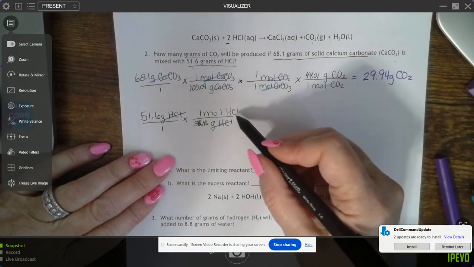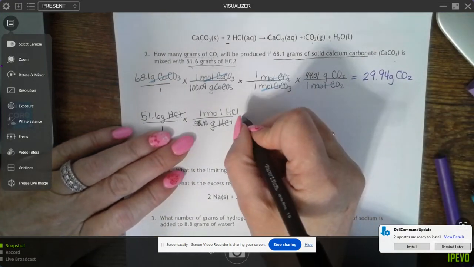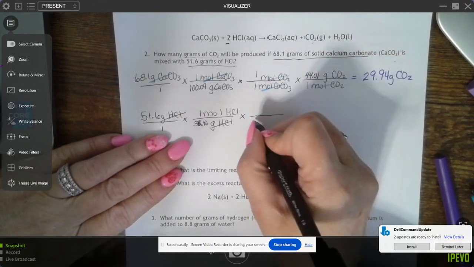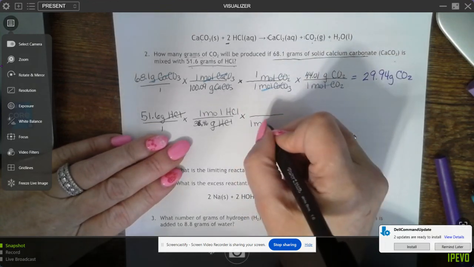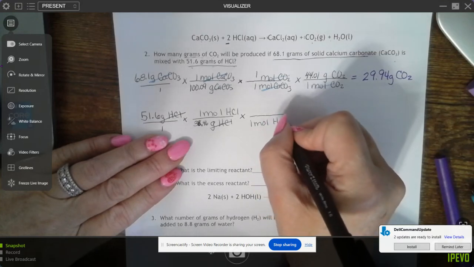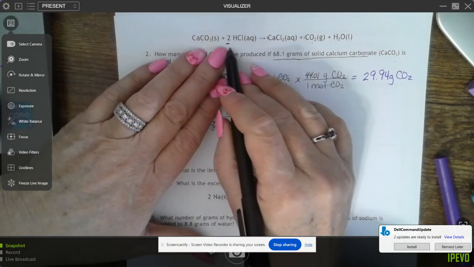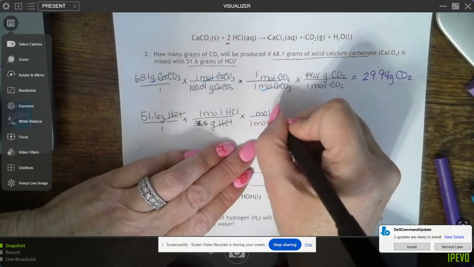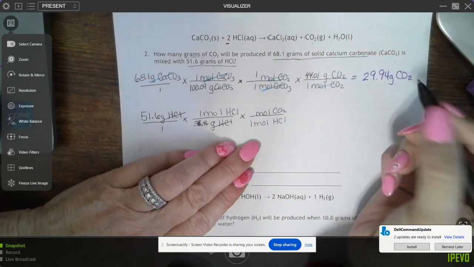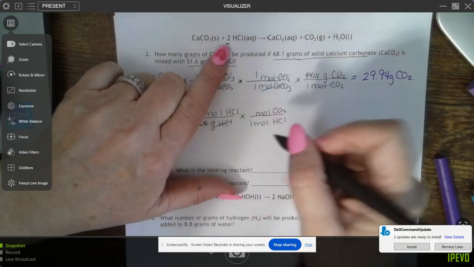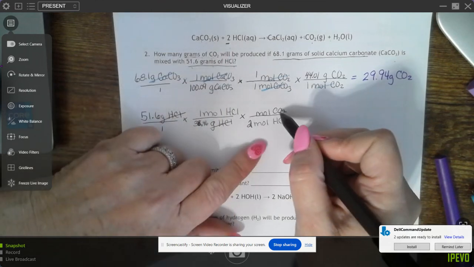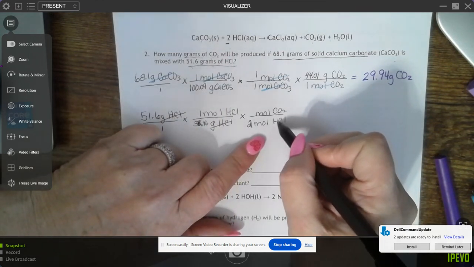We need to convert from moles of HCl to moles of carbon dioxide, what we're looking for. This is where we have moles of HCl and moles of carbon dioxide. Moles of HCl is going to be 2, because when we have moles of one thing over moles of another thing, that's the mole ratio.